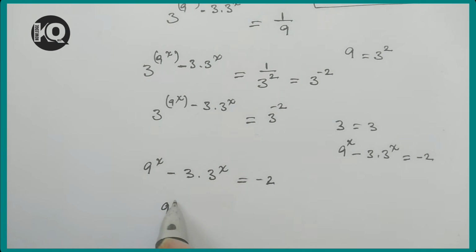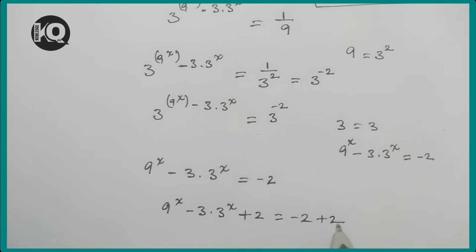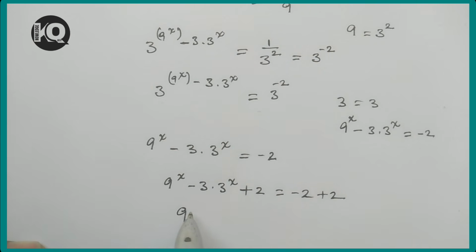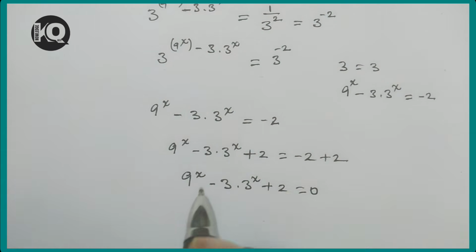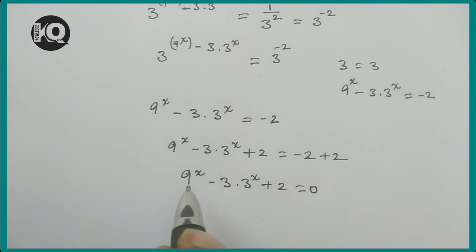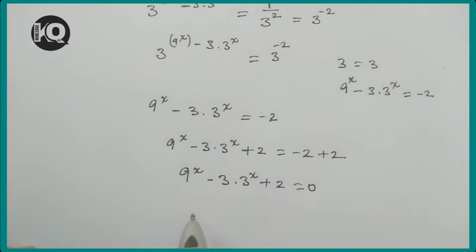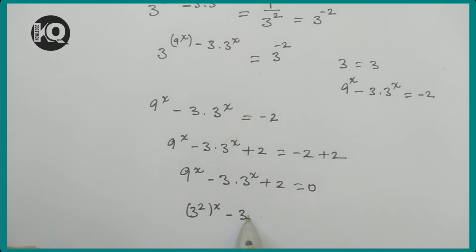So 9^x minus 3 times 3^x plus 2 is equal to minus 2 plus 2, which is 0. Again we can simplify this 9^x, since 9 is equal to 3 squared. So this will be (3^2)^x minus 3 times 3^x plus 2 equal to 0.